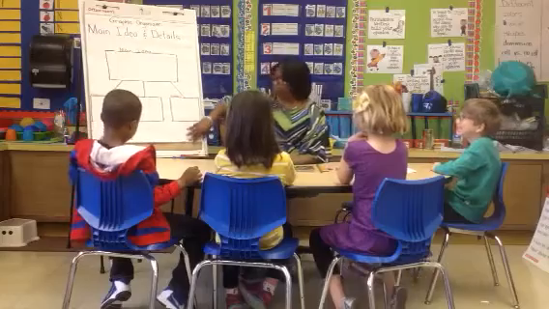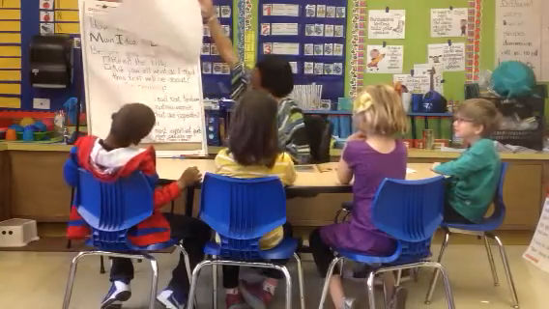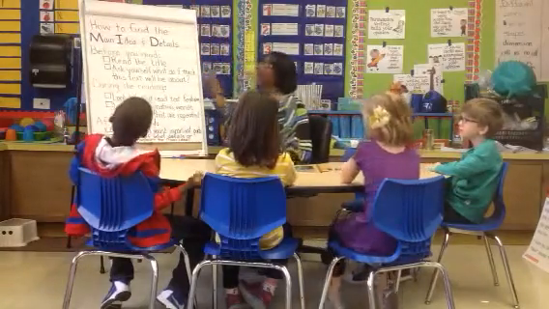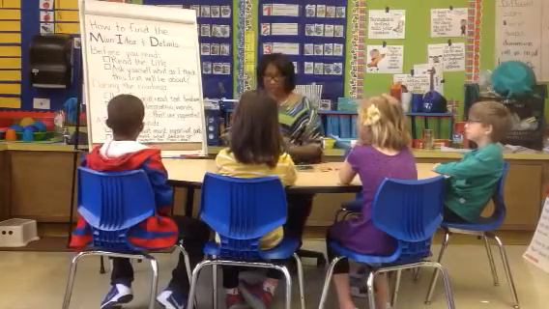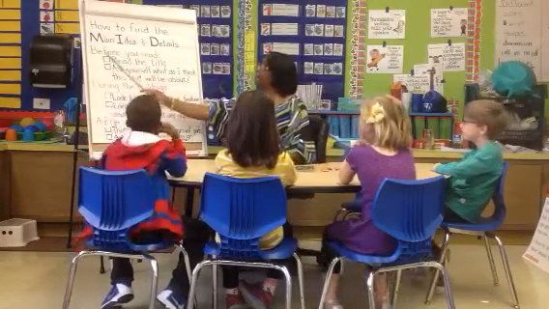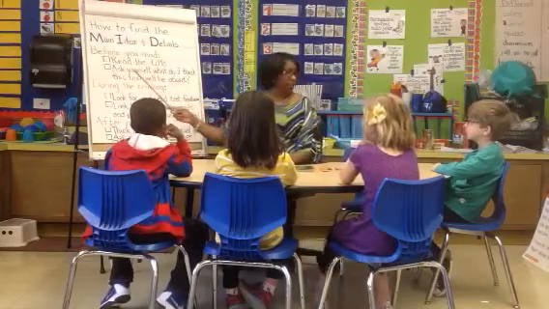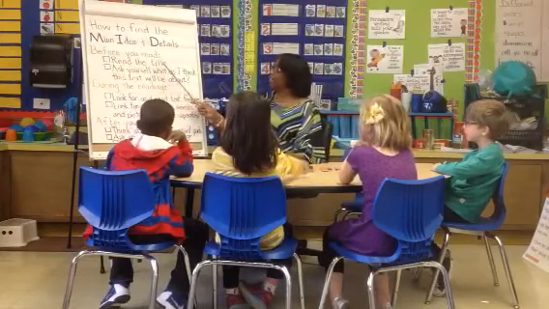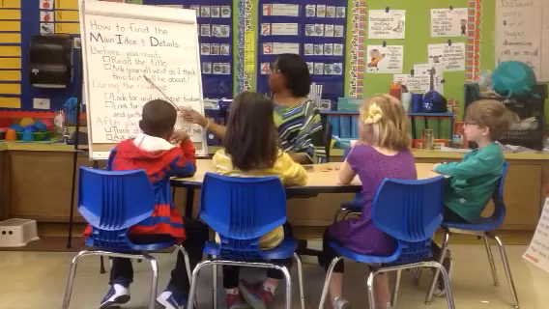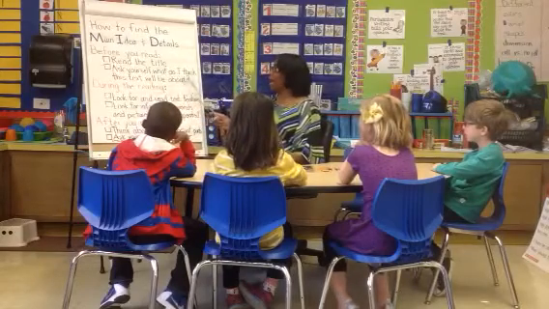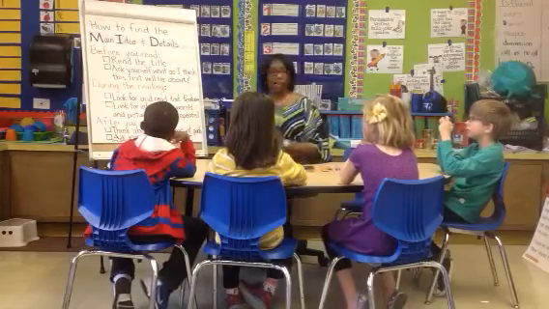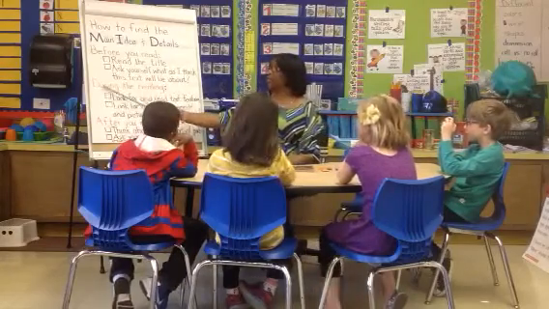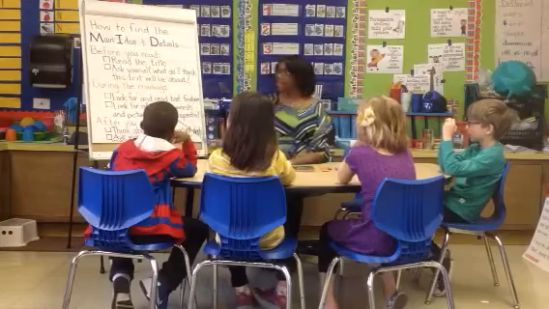Now, before we begin reading, there are certain things that we can do to help us find the main idea and details. So let's go over these things. So before you read, can you guys help me read this? Read the title. Ask yourself, what do I think this text will be about? Now, in the middle of our reading, this is during the reading. Can you guys help me with this?